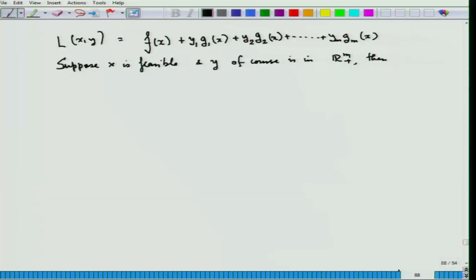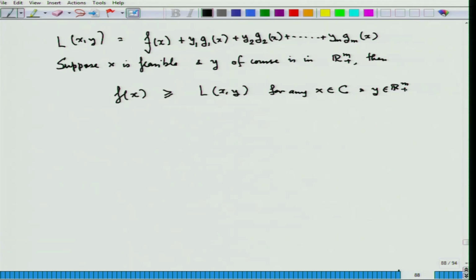Then this is obviously less than f x, because we have added a negative quantity to something, so the value of that quantity decreases. So, f x is bigger than or equal to L x y for any x in C, which is the feasible set, and y an element of R m plus.